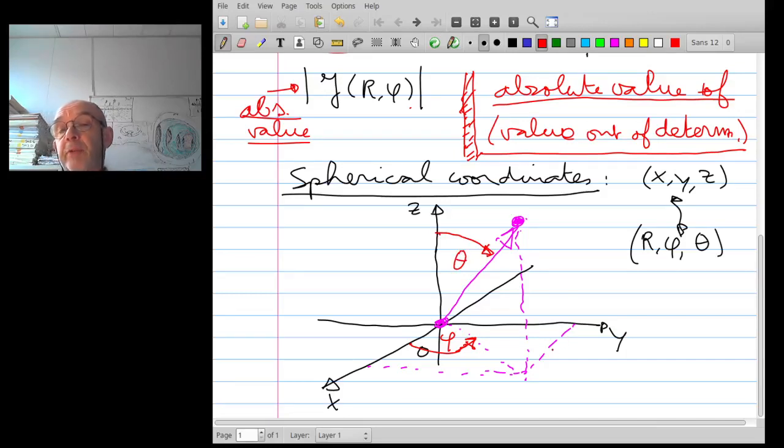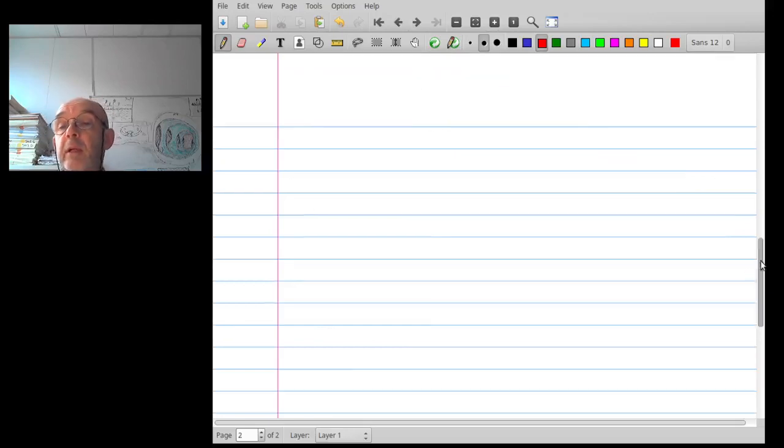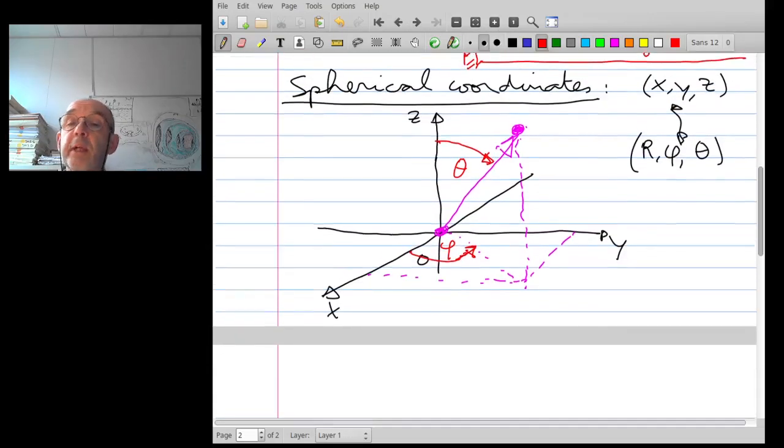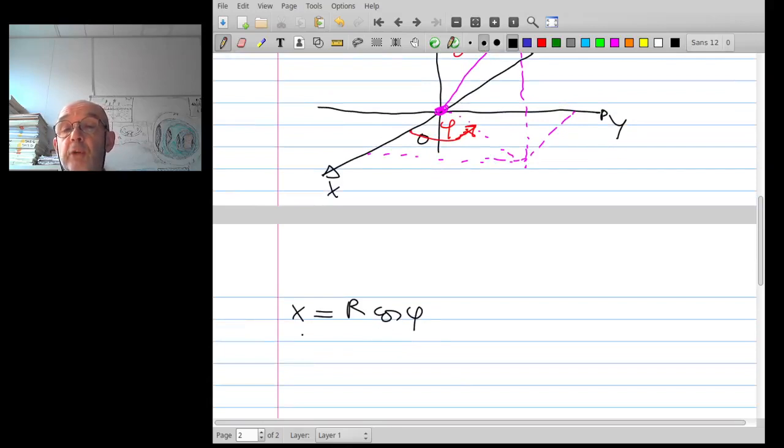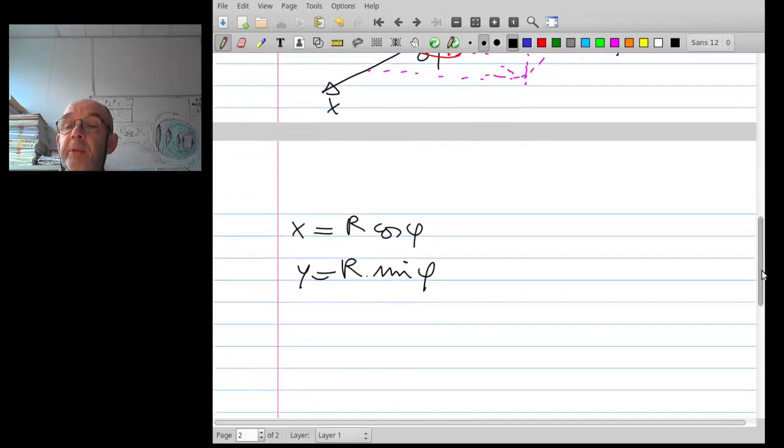If you have those two angles, you can describe your x, y and z. Your x becomes, just like the polar coordinates, r times the cosine of phi, y is r times the sine of phi, no problem.